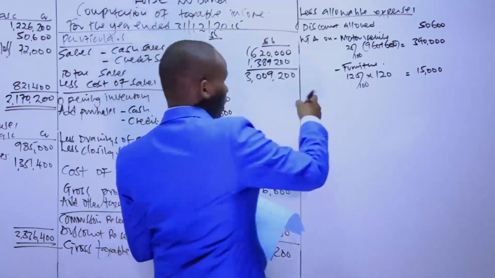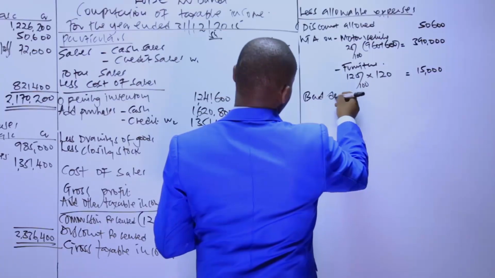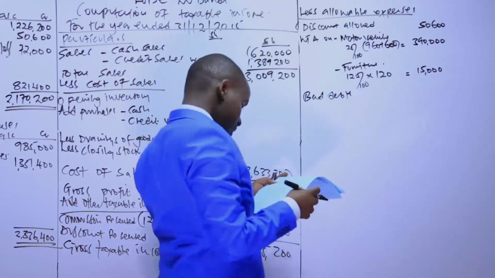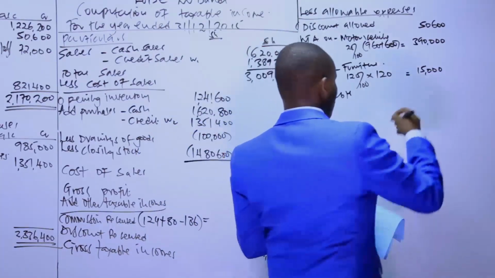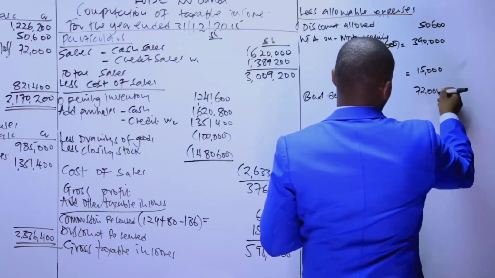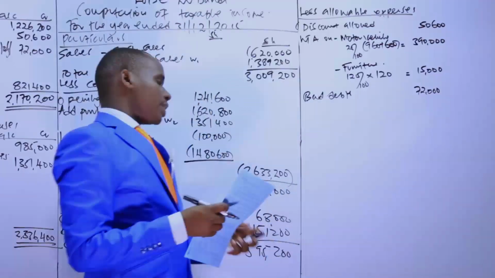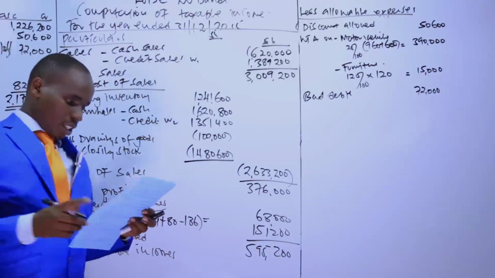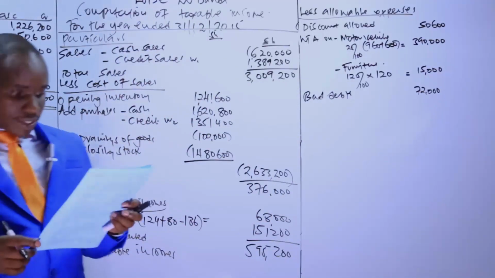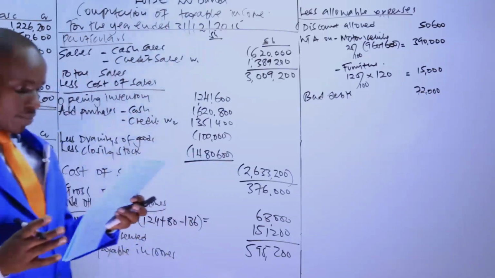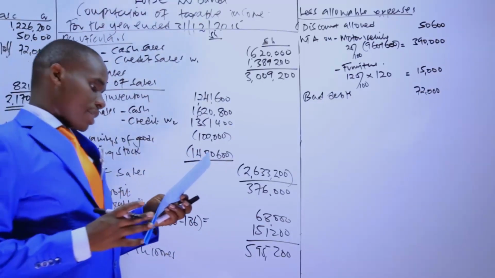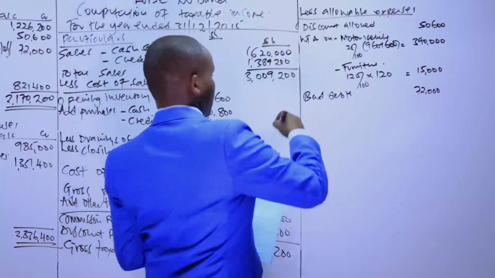Then we have bad debts. Bad debts normally they are allowable. Bad debts written off here is 72,000. Specific bad debts, they are allowable. Then we can move to the receipt and payment. The payment side, we check for more expenses. The first expense that is allowable there is salary.